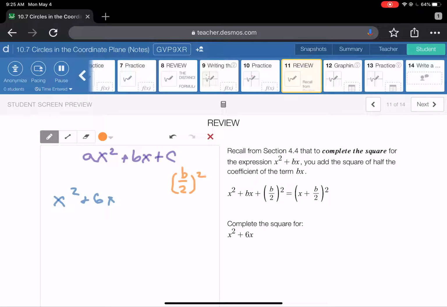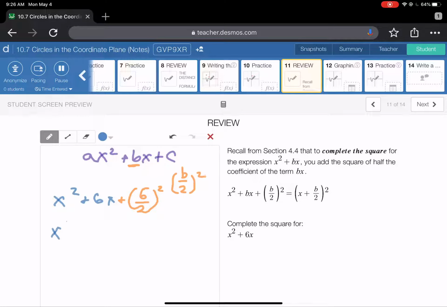All right, so to complete the square, I'm going to take the b term, which is before the x, so in this case it's a 6. I'm going to add 6 over 2, and I know that looks very close to a b, but it's a 6, and then I'm going to square it.